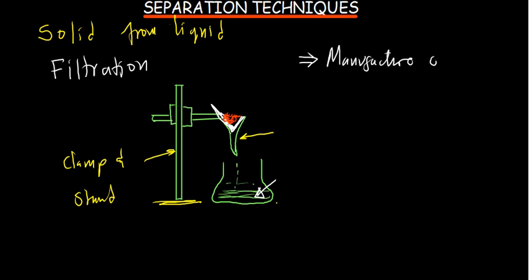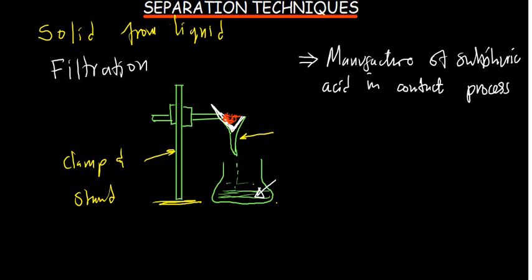The process in which sulfuric acid is manufactured is called the contact process. You are going to understand this when you start talking about it. That is one application.